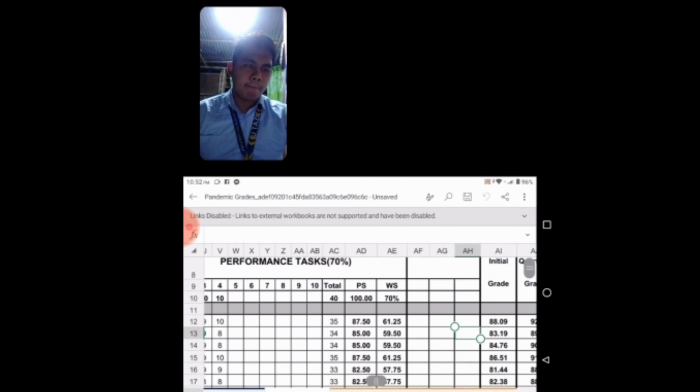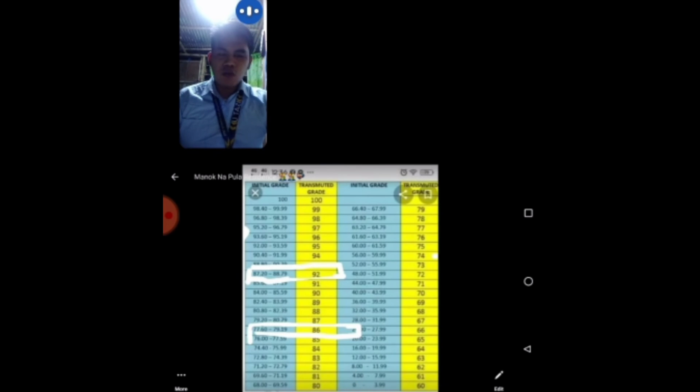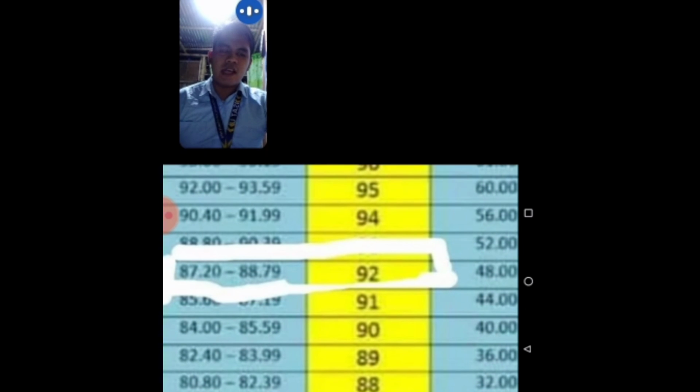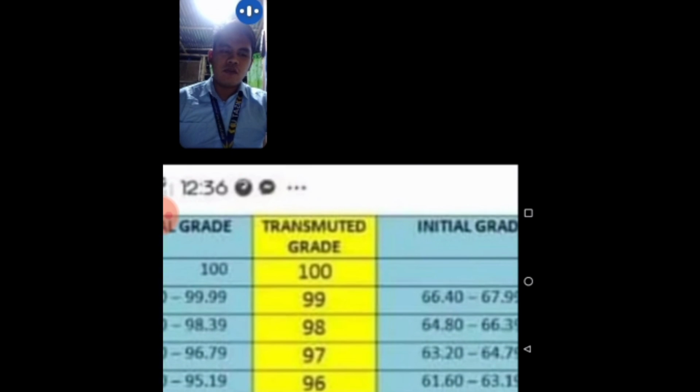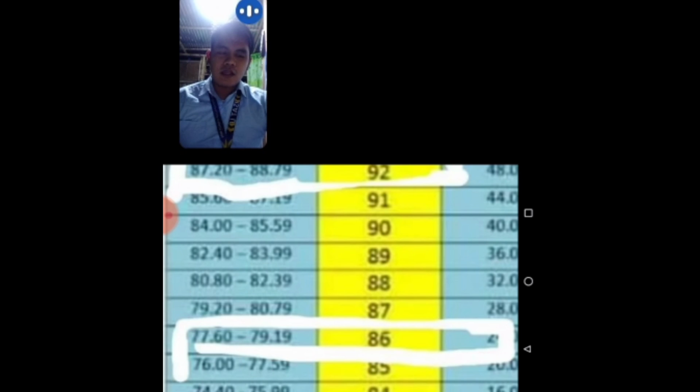I am going to underline the area where student A got her transmuted grade of 92, whose initial grade came from the range of 87.20 to 88.79, which corresponds to the transmuted grade of 92.